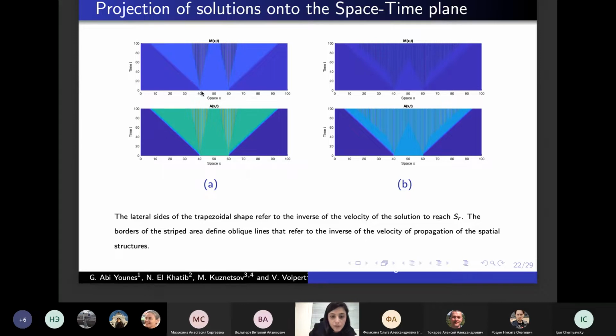Here we have a small perturbation, and then we can see this first propagation towards SR, and here is the striped area. This is the propagation of the spatial structures, because these lines are the peaks of the spatial structures.